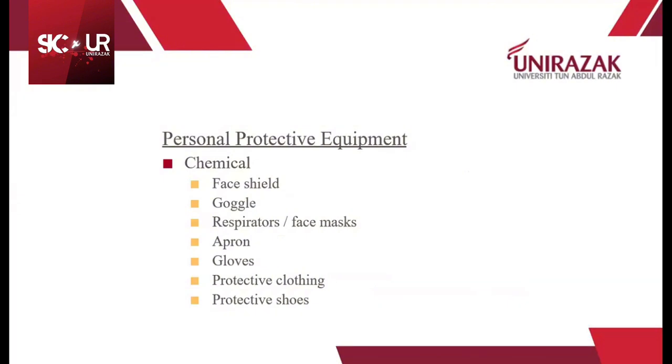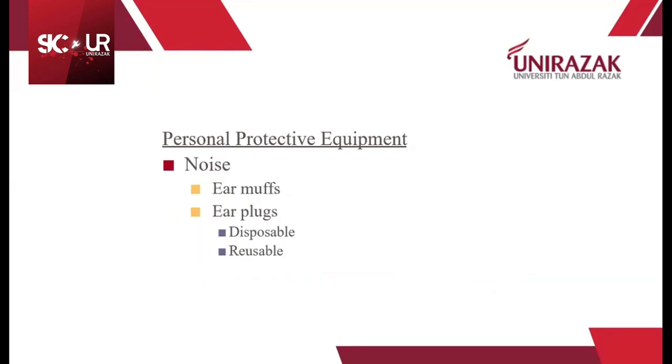Personal protective equipment, untuk chemical boleh guna face shield, goggle, respirator, face mask, apron, glove, protective clothes, protective shoe. So ada macam-macam lah untuk chemical, sebab chemical boleh absorb with the skin. So kena jagalah. So noise, mungkin boleh pakai earmuff, earplug, disposable dan juga reusable. It depends kepada penggunaan.